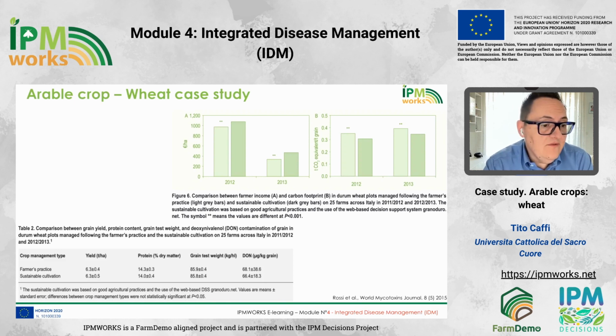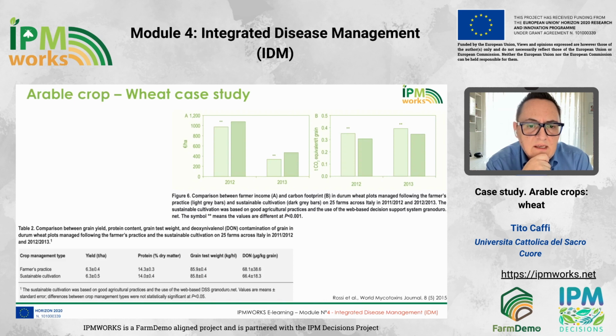We can quantify the difference in yield, in terms of quality, meaning the protein as a percentage of dry matter, the weight, and the deoxynivalenol contamination in the kernels, that is, the objective is to reduce as much as possible.